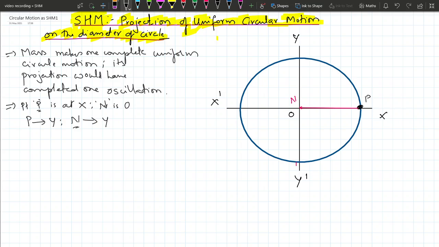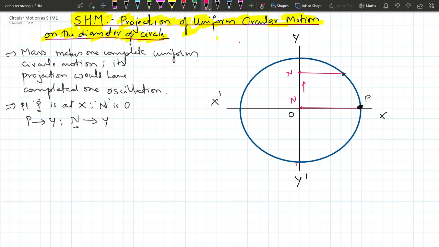For example, if the point P is here, this is the projection N. Now it is moving in the upward direction. N, which was at origin, is moving upward.